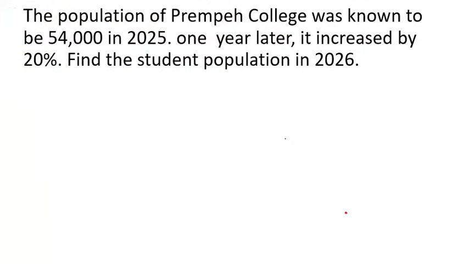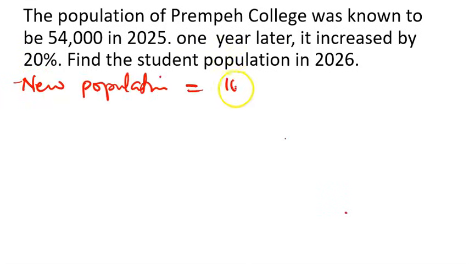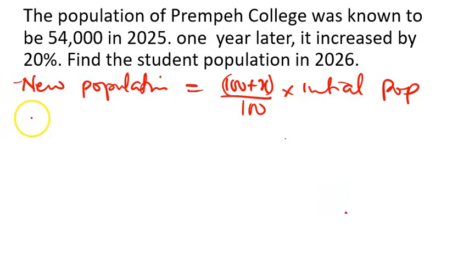Okay, let's work another question. The population of Prempeh College was known to be 54,000 in 2025. One year later, it increased by 20%. Find the student population. This is an application of percentage increase, right? And we said that if we want to find the new population, it is 100 plus X over 100 times the initial population.